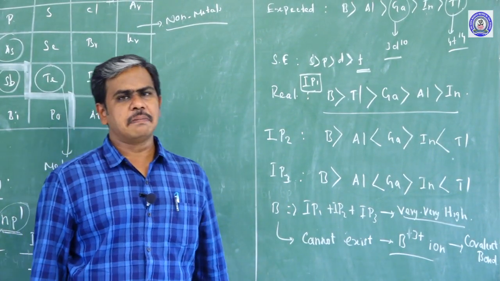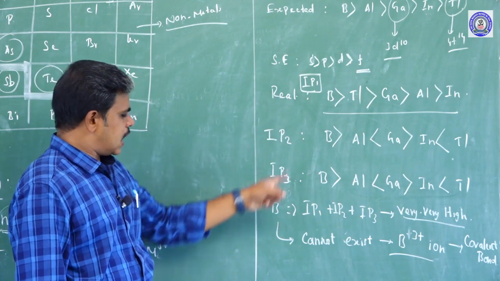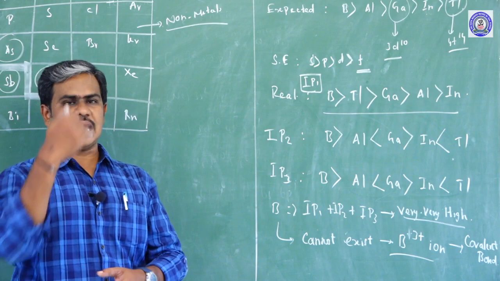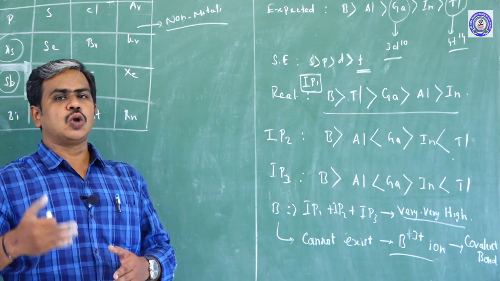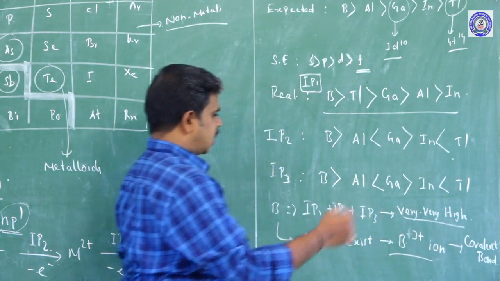It is an important question. Because the sum of the ionization potentials of boron is very high, it can't lose all those electrons, so it is forced to form covalent bonds.